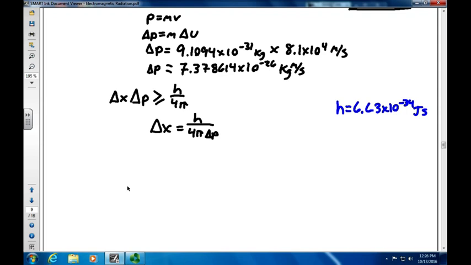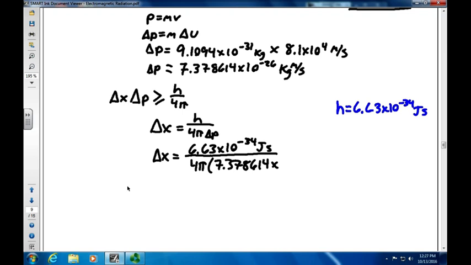And in doing this, we're going to find that our delta X, change in position, is going to be 6.63 times 10 to the minus 34 joule seconds over 4 pi times that 7.378614 times 10 to the minus 26 kilogram meters per second.